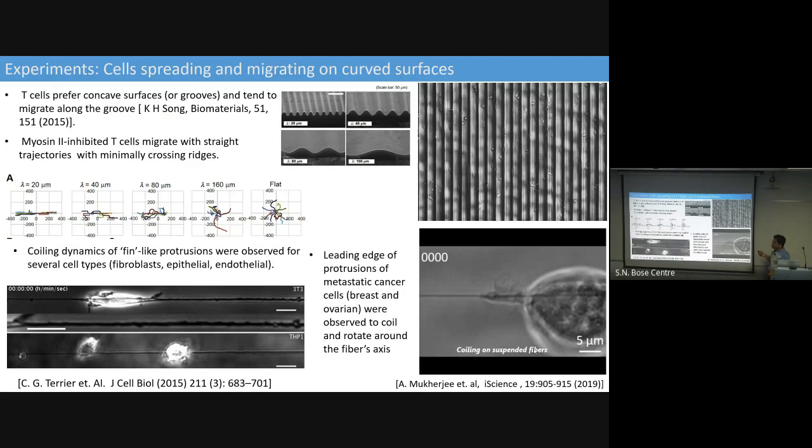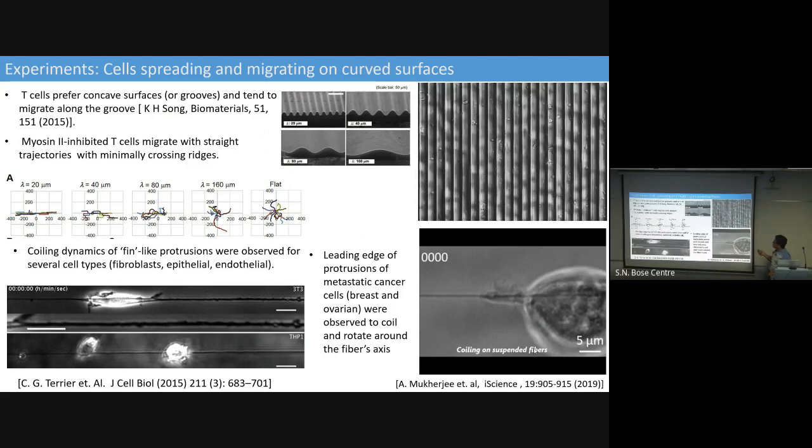So if you concentrate on one cell, you will see that qualitatively these cells are either going along the axis or occasionally jumping from one to another minimum, but you will rarely see any cell that is on the top or on the maximum and migrating along the axis. So here it is clear that these cells prefer the minimum when they are migrating on the axis.